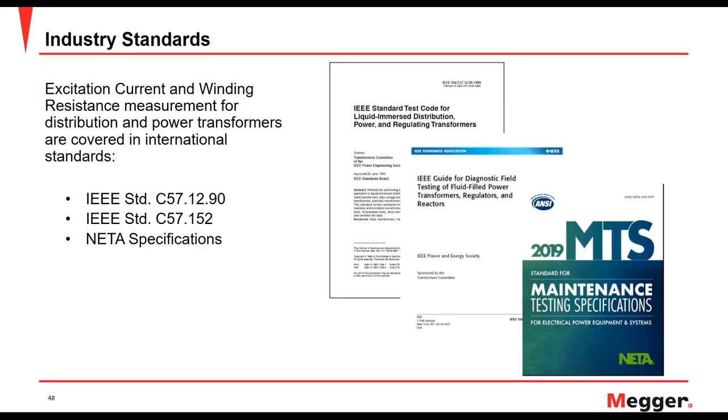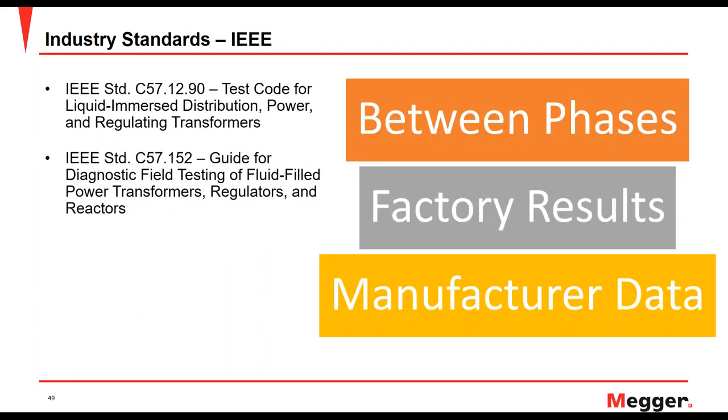NETA also has specifications through its acceptance testing specifications and maintenance testing specifications that deal with excitation current and winding resistance. So IEEE, as we saw before, has a comparison between phases or between factory results at the same temperature, or it recommends referring to the manufacturer for representative values of both quantities.